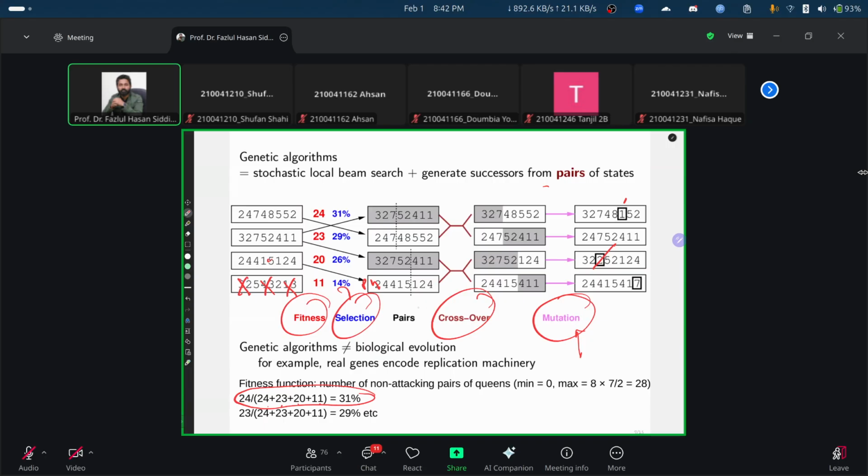Before the crossover, we need to find the pair: which pair of parents will go for crossover? After the crossover, we go for mutation. Mutation is nothing but a small change in the genes. Their values or alleles need to be changed before going for the next iteration.